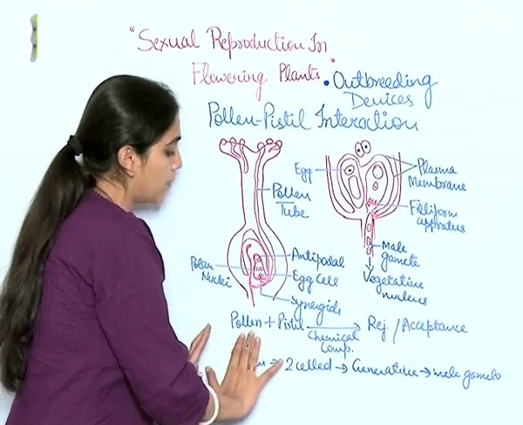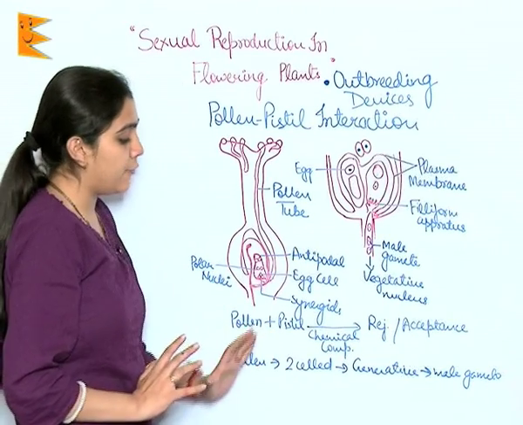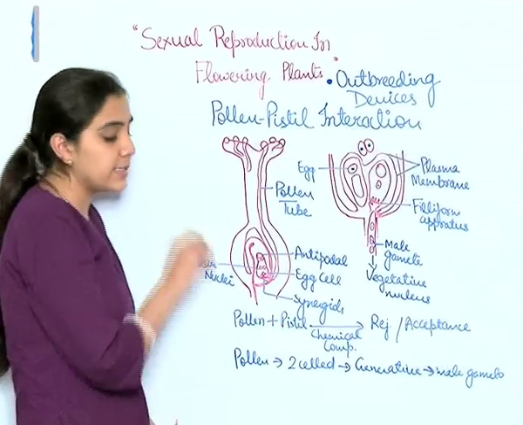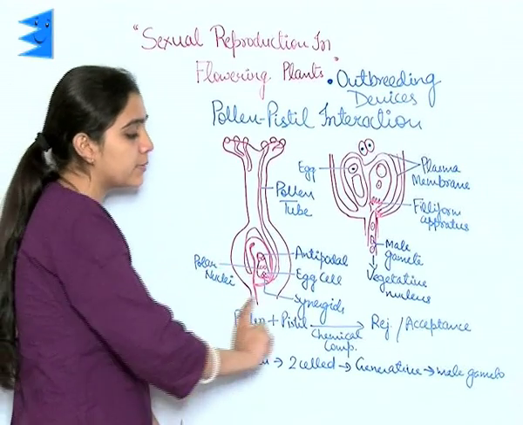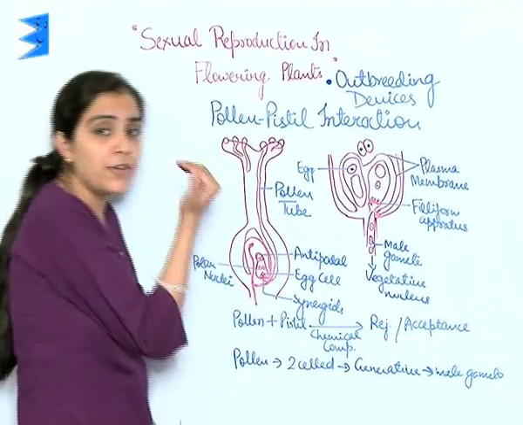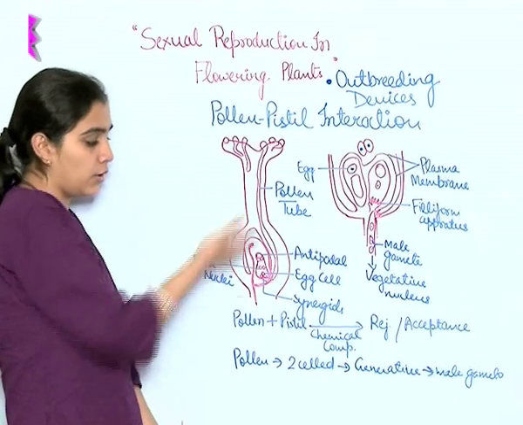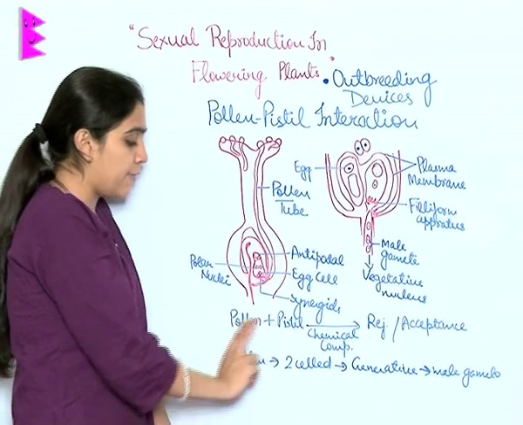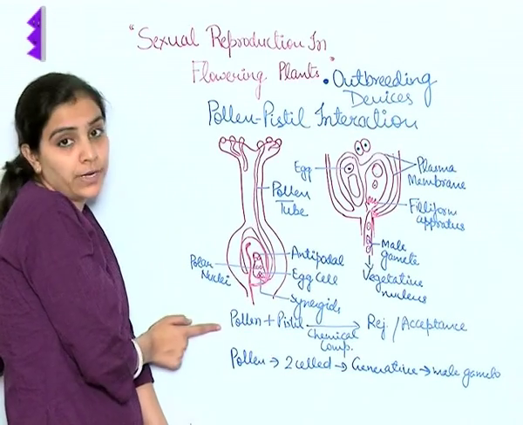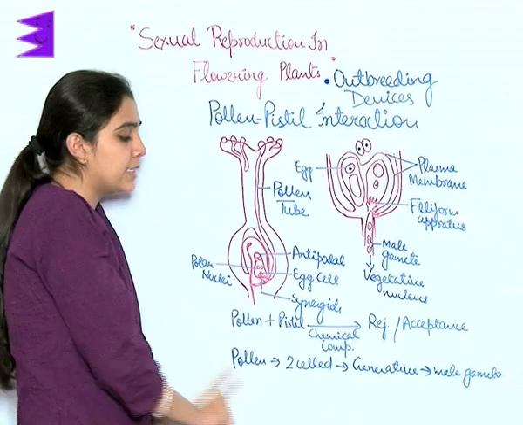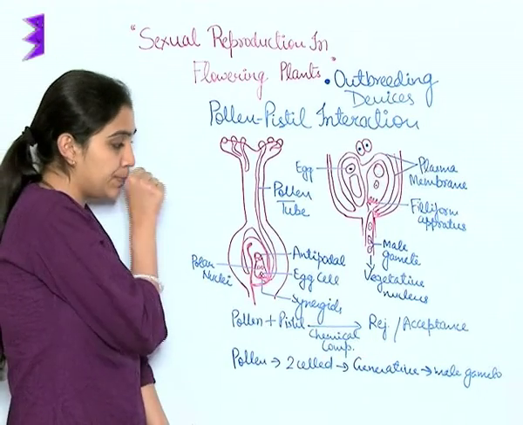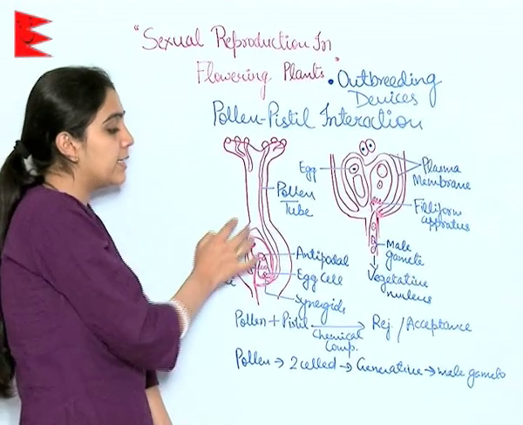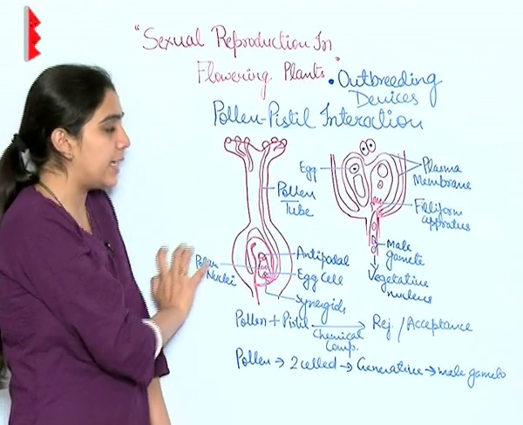When pollens reach the pistil, if the pistil finds the pollen is of the right variety, that is, the one which is to be fertilized, it accepts, and further the pollen tube is grown and the pollen reaches the egg. But in case the pistil finds the pollens are not of interest, that is, are not to be fertilized, it rejects them, and immediately there is an inhibition of the growth of the pollen tube, and hence pollens are not able to reach the egg cell.